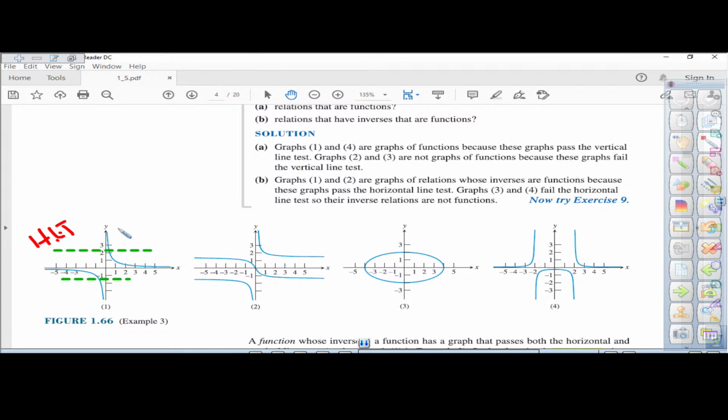You know for sure this is a function because you did the vertical line test. And on top of it being a function, if you did the horizontal line test, you will find yourself looking at an inverse that is also a function.